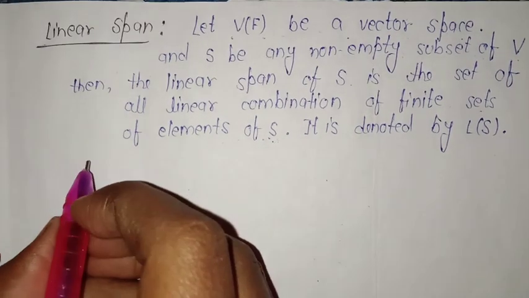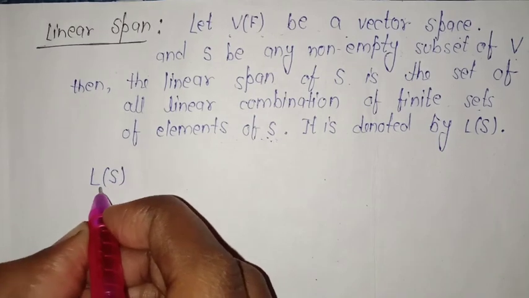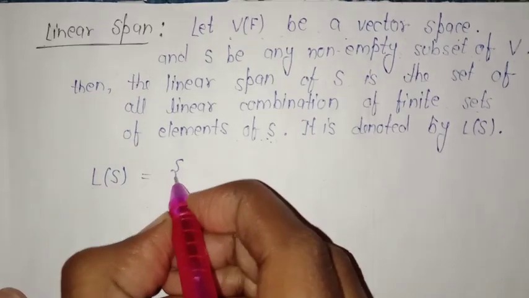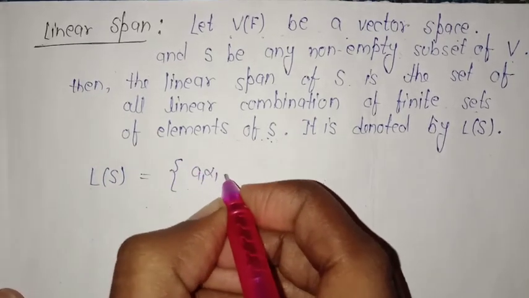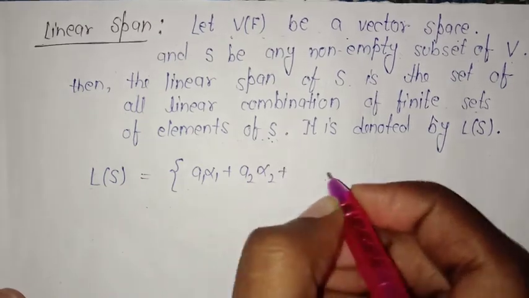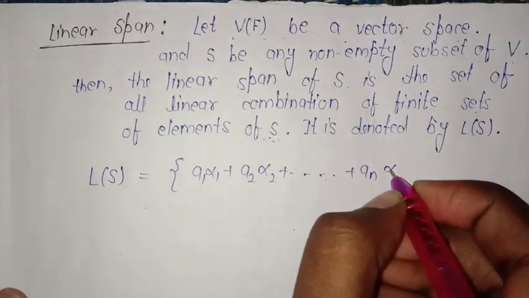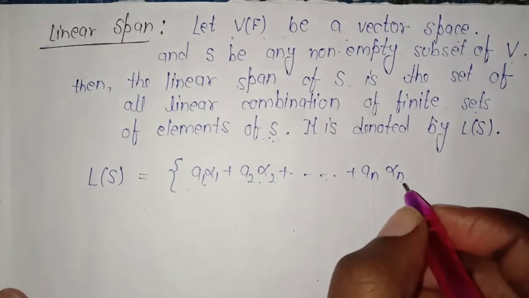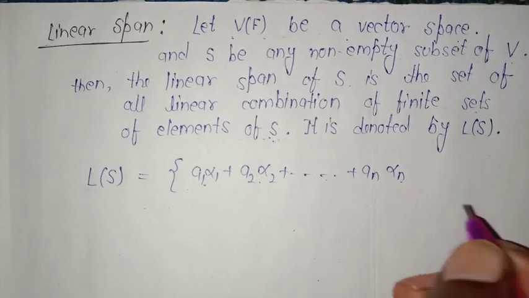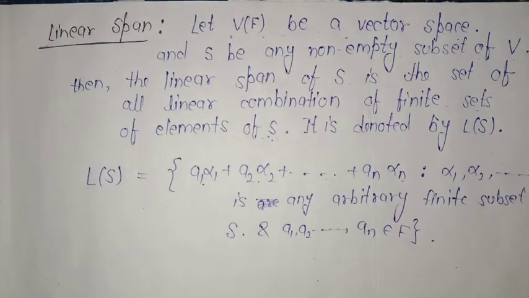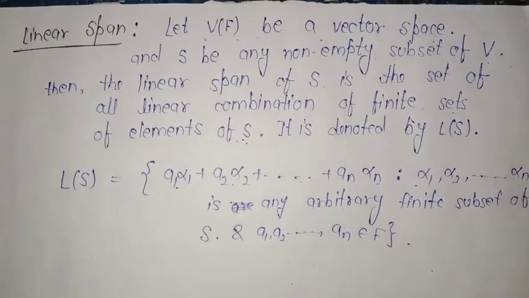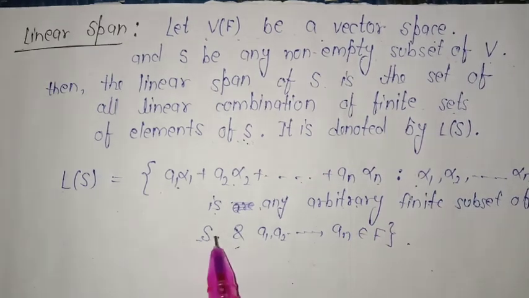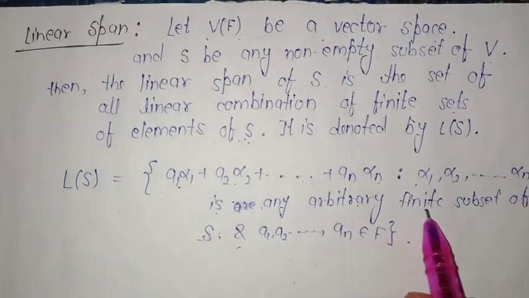Mathematically, we can define it as L(S). This is generally represented by L(S). This is the linear span of S. This is equal to a1 alpha 1 plus a2 alpha 2 and so on an alpha n, where alpha 1, alpha 2 and so on alpha n are elements of a finite subset of S. So alpha 1, alpha 2, ..., alpha n is any arbitrary finite subset of S. That is, from S we are taking any arbitrary finite set.